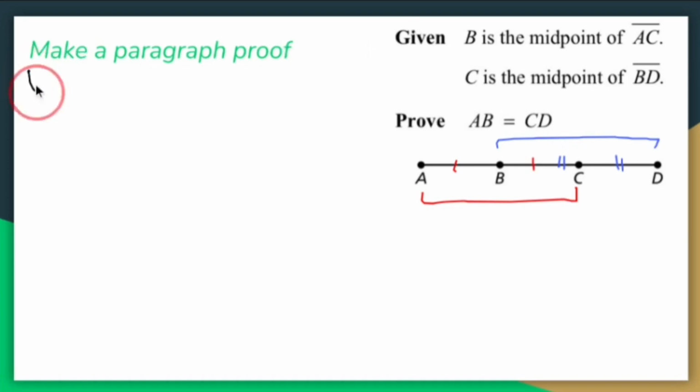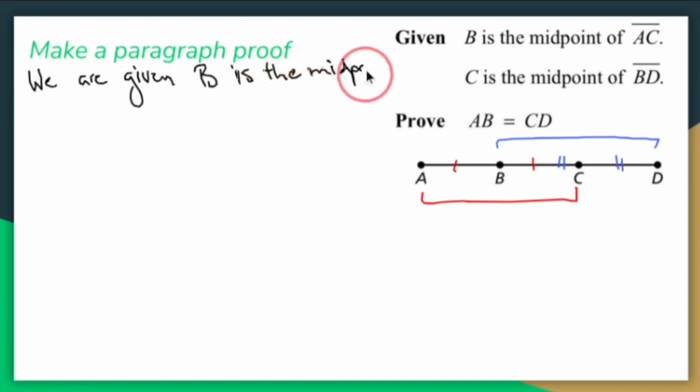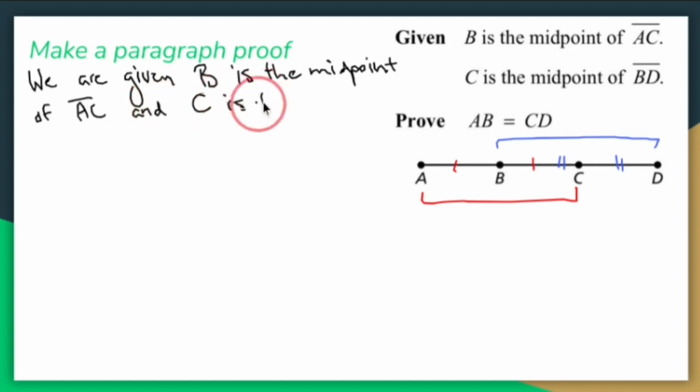So your first statement, your first sentence, your first step is always the given. We are given B is the midpoint of AC and C is the midpoint of BD, period.